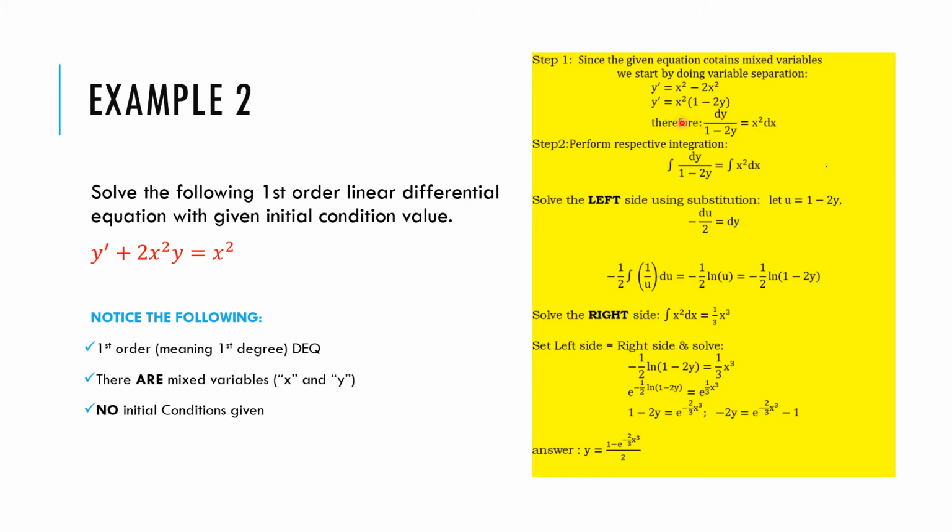So what I have to do is factor out the x squared from this equation. When I do that, I get y prime equals x squared times open parentheses 1 minus 2 times y closed parentheses. Then I can divide both sides by 1 minus 2y. When I do that, I would get dy divided by 1 minus 2 times y equals x squared times dx.